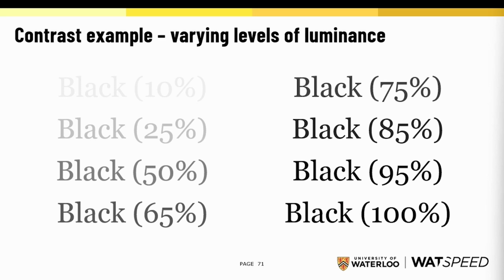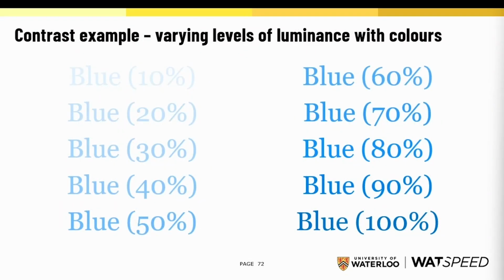We can do the same thing with colors. So here's a range of different shades of blue. This is just modifying the luminance of my color. At 10%, the blue is almost hardly visible, but at 100%, it's quite visible. Now what's neat is that you could pick, say, 3 or 5 shades of blue to create a color palette.